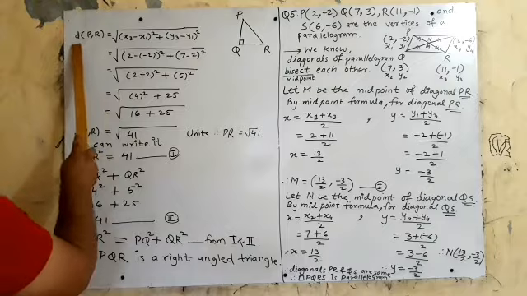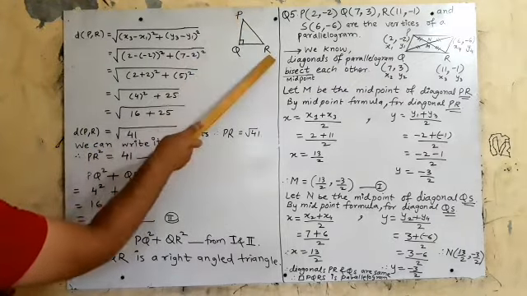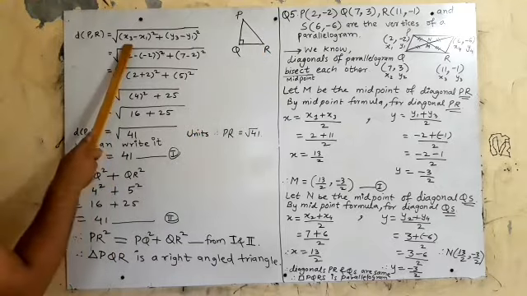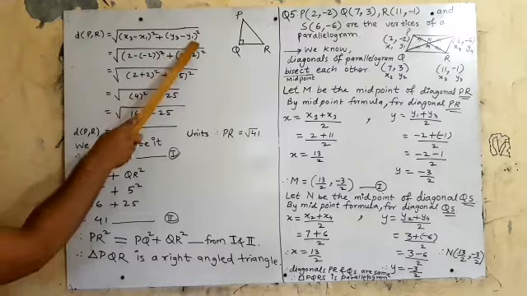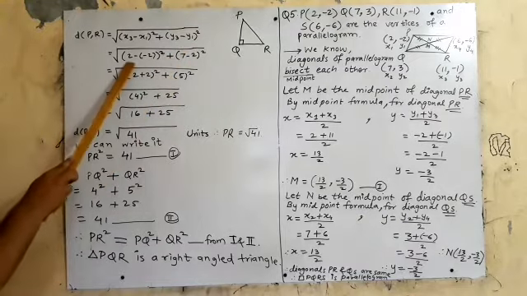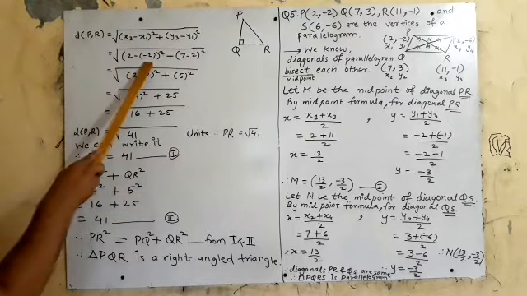So look here, the distance between points P and R, which is x1 and x3. We will always select the greater number first: x3 minus x1 bracket square plus y3 minus y1 bracket square. The x3 value is 2 minus, as it is, x1 is already negative, that is minus 2, so we will write it in a bracket.